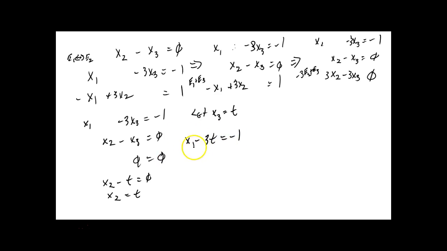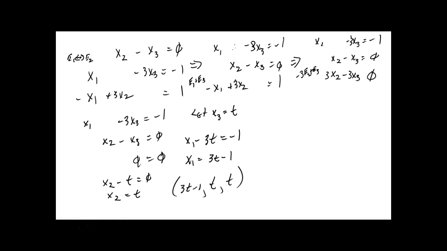Well, let's solve that for x sub 1, and that would be 3t minus 1, right? So here's your ordered triplet in this case. Your x sub 1 is 3t minus 1, your x sub 2 is t, and your x sub 3 is t.